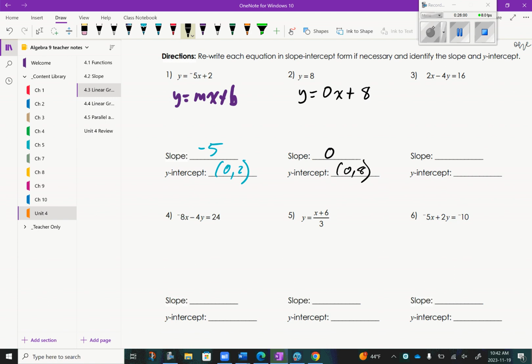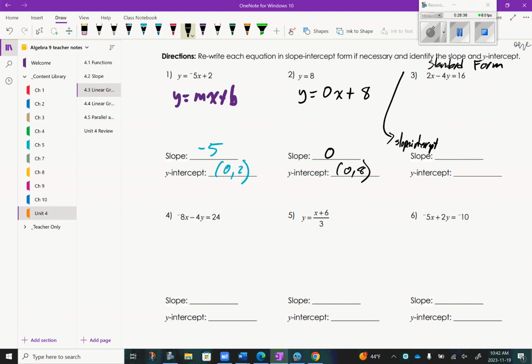For number 3, that doesn't look anything like y equals mx plus b. This is what's called standard form, where both x and y variables are on the left and the constant is by itself on the right. To get it from standard form into slope-intercept, it should usually take us 2 steps.